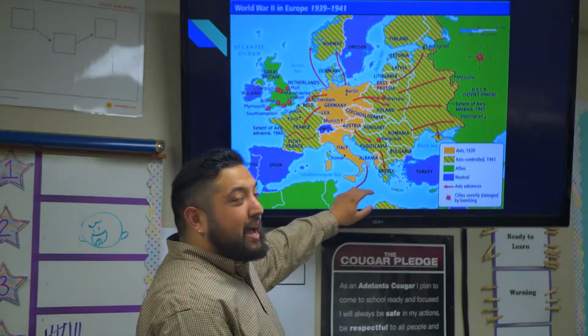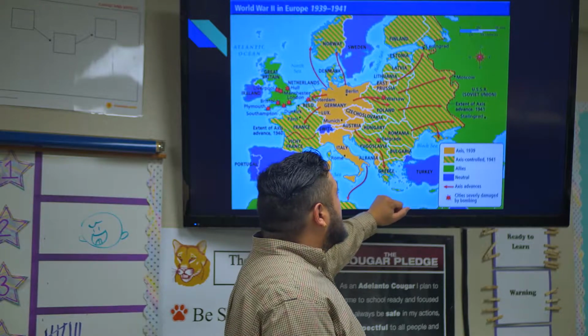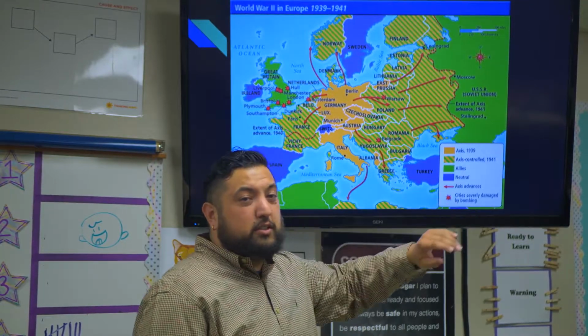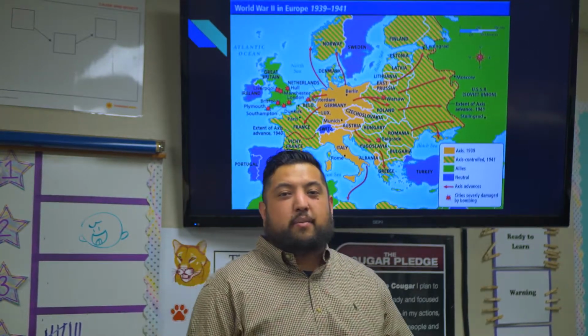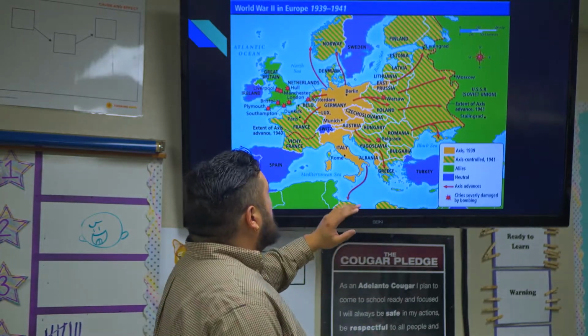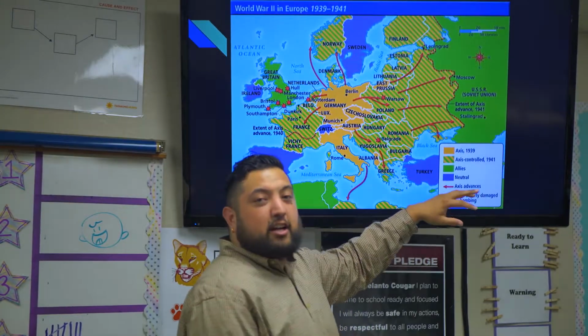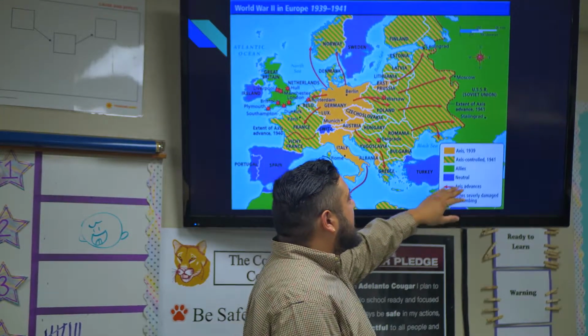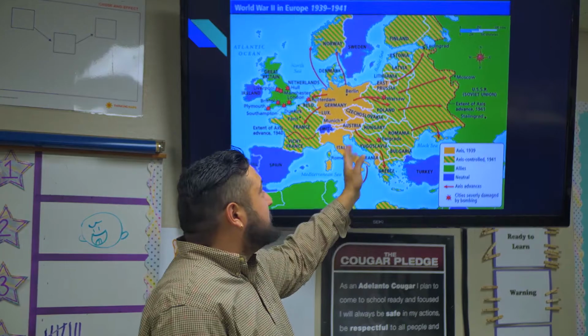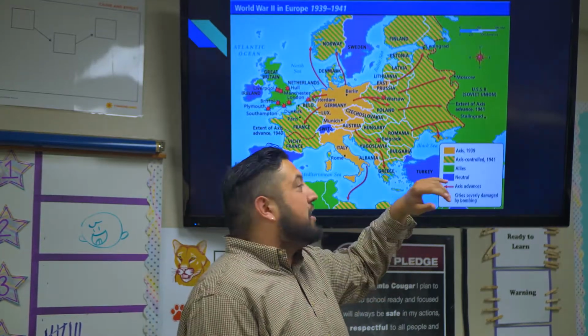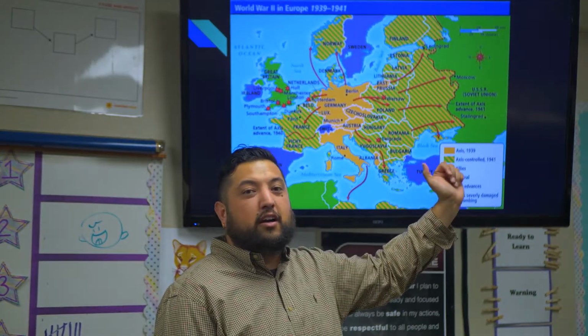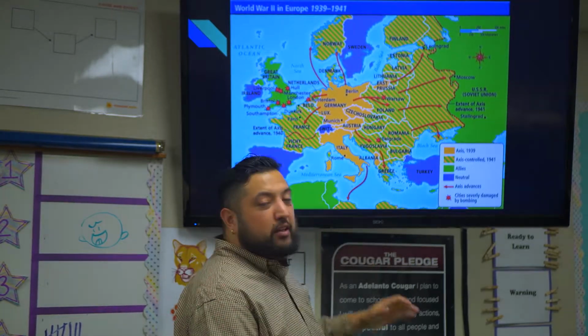Right here we have a map of Europe during World War II, and it's very similar to the map I gave you guys. What I like about this map is that it has the coloring, but it also has an arrow to show where the Axis powers were traveling to, what countries they were taking over, and what area they were really advancing.